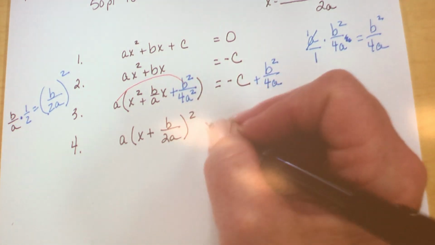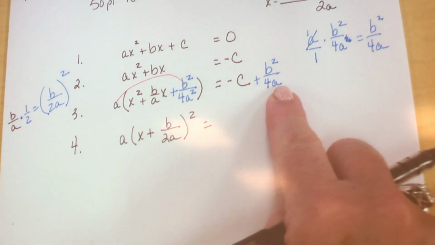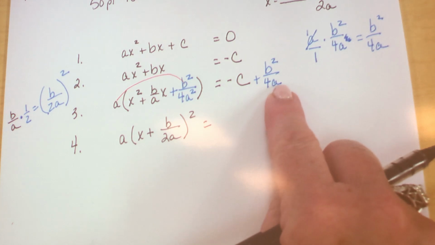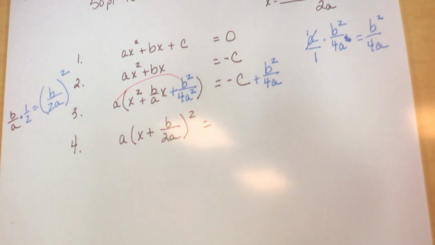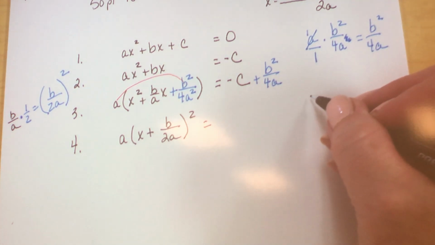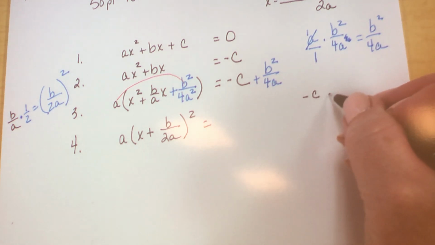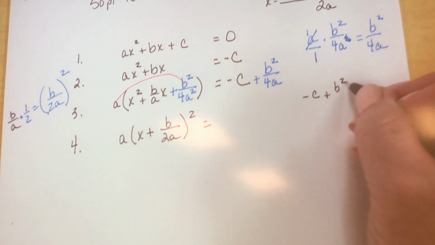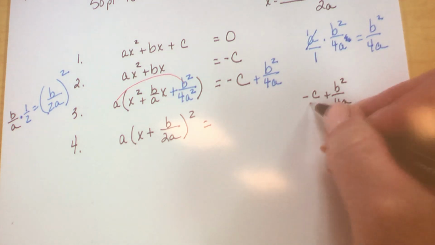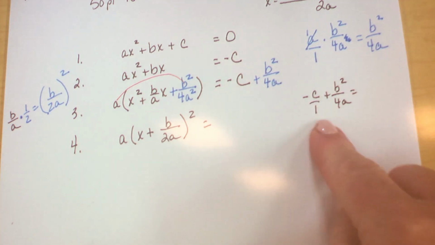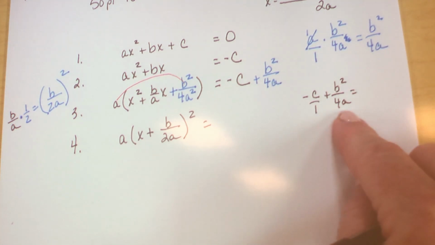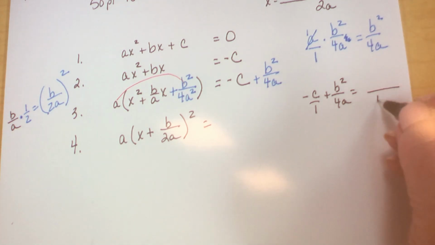Quantity squared equals, over here, oh, I need to get a common denominator, don't I? Are you with me? So I got negative C plus B squared over 4A. So I'll put this over 1. What's a common denominator between 1 and 4A? 4A.